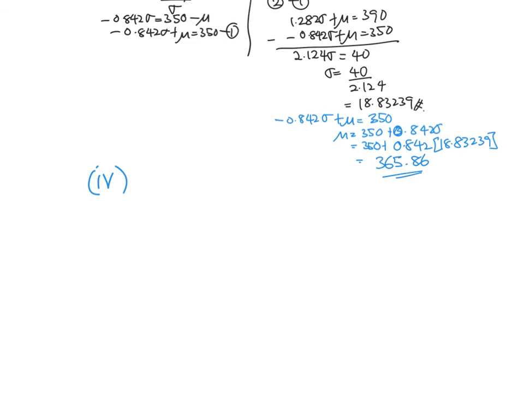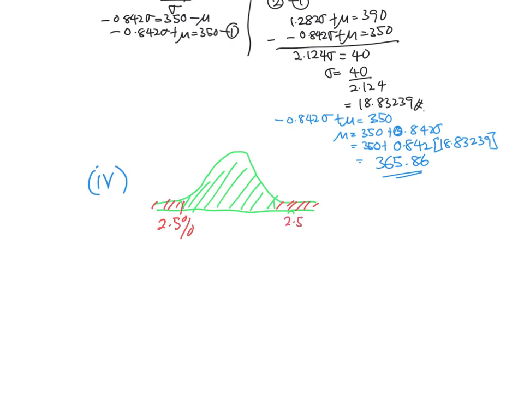Before that, let's draw a sketch. 95% of the data is here. So what's left is just 2.5% and 2.5%, which is 0.025.